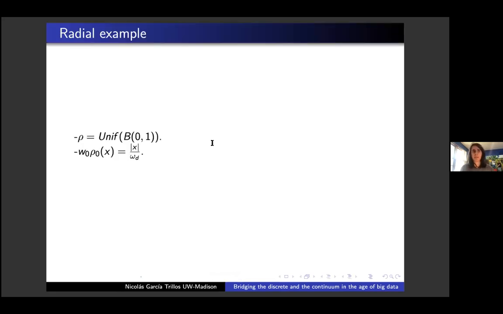Let's start with a radial example, just for motivation. In this radial example, we have a uniform distribution on a unit ball in dimension D. We impose W0 rho 0 to look like this. It's going to grow radially, but this density is still radial. Then you would have W1 rho 1.